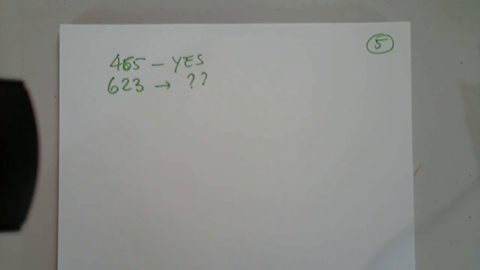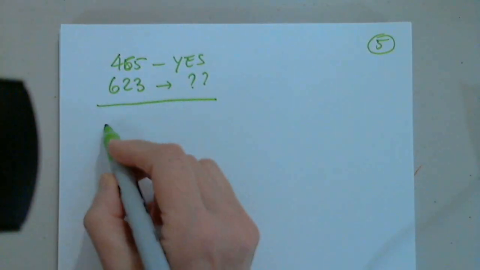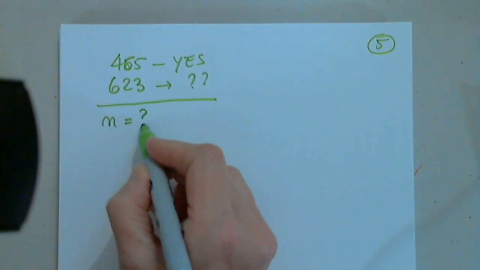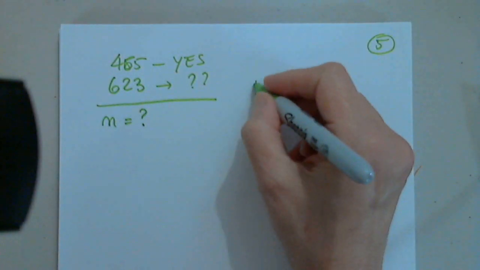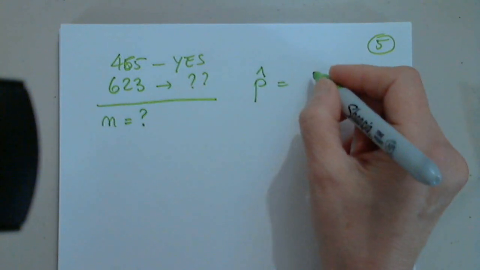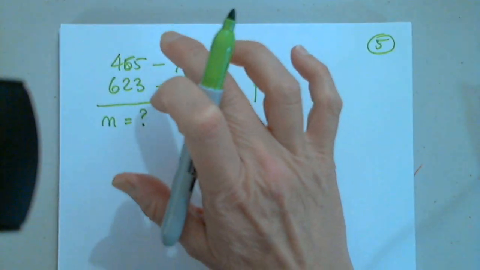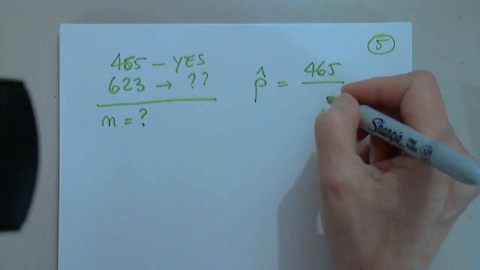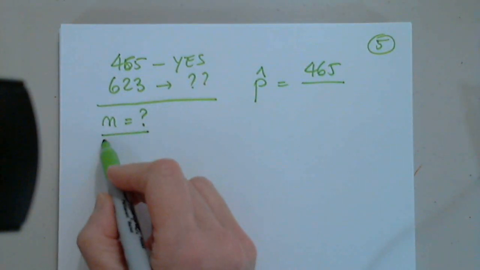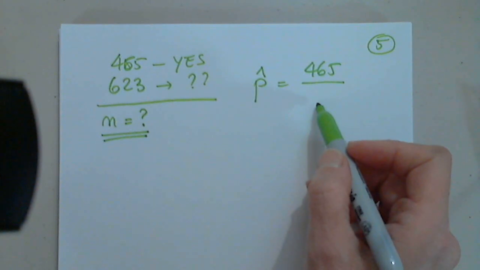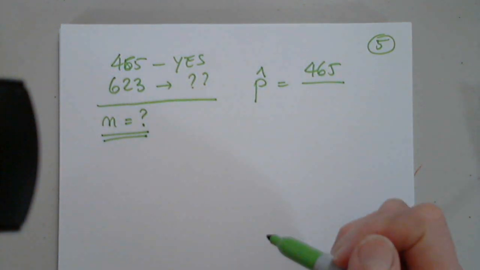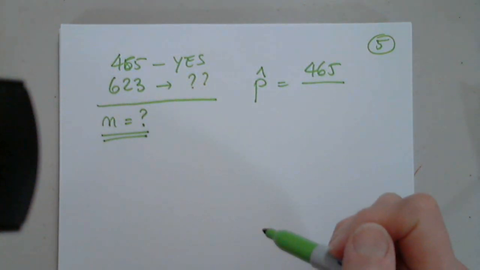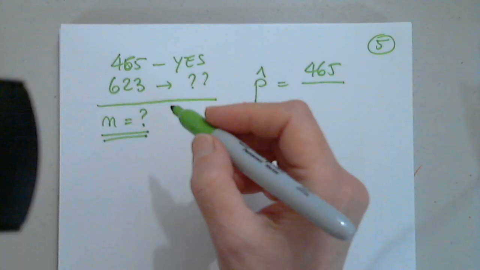Find the point estimate of the population proportion who have answered yes, definitely. So I do not have n.